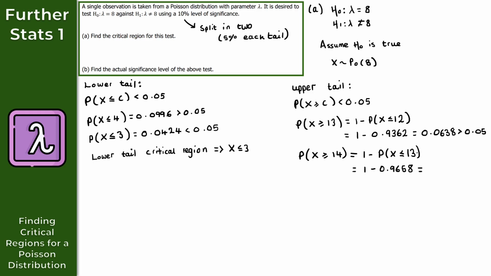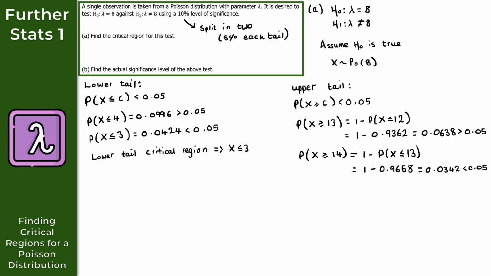And if we evaluate this here, this gives us 0.0342. Okay. And clearly this probability here is now less than 0.05 as we require.